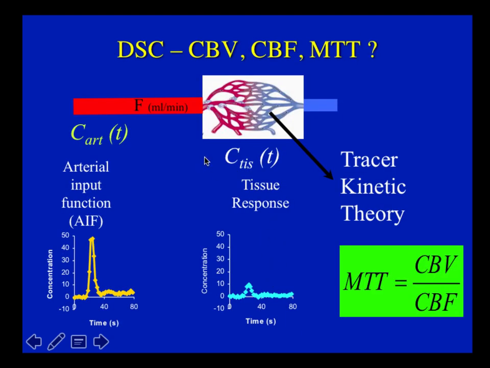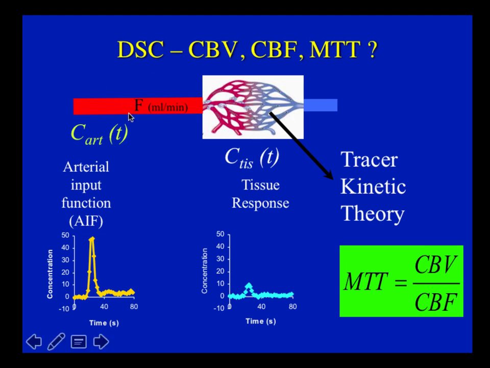So what we have is two pieces of information: concentration time curves in the blood, and concentration time curves in the tissue. What we would like to do is to use these two pieces of information and try to obtain estimates of the parameters that we talked about in the first slide. That's the cerebral blood volume, blood flow, and mean transit time.